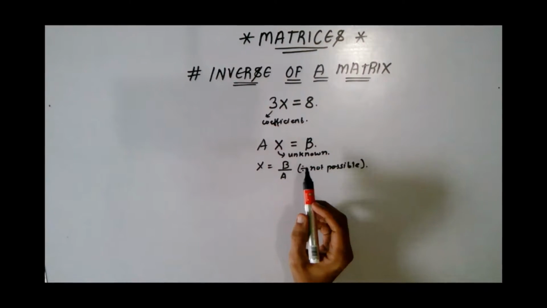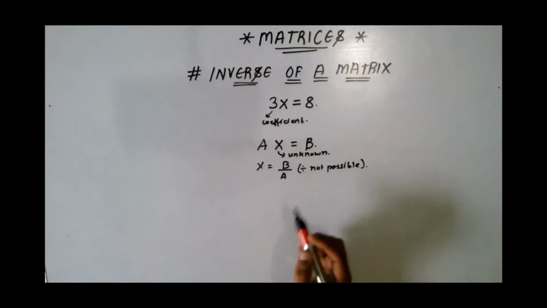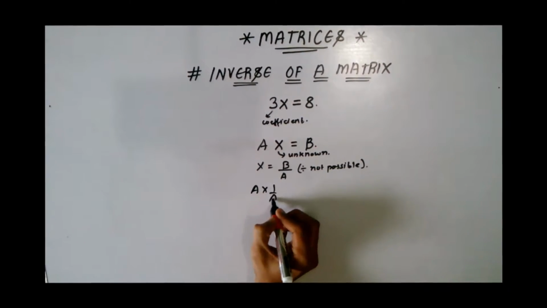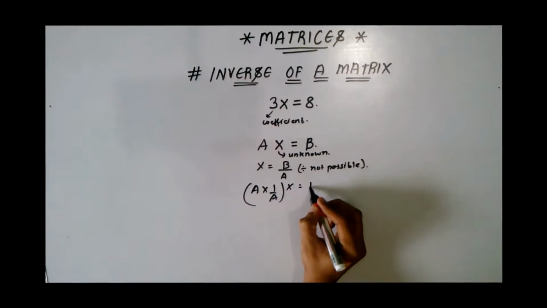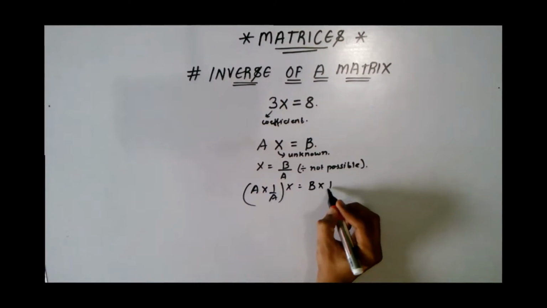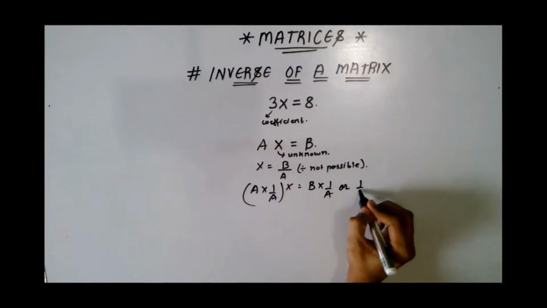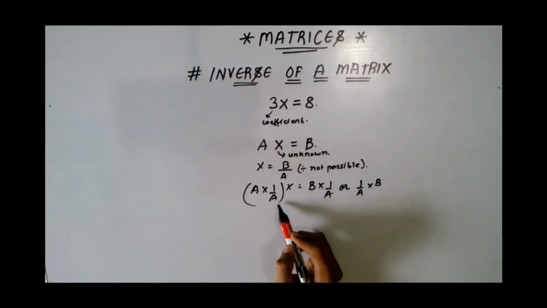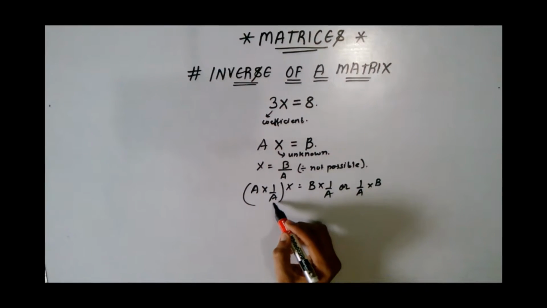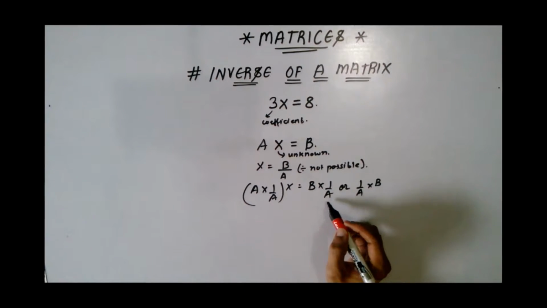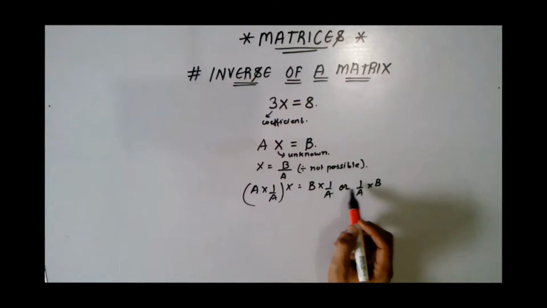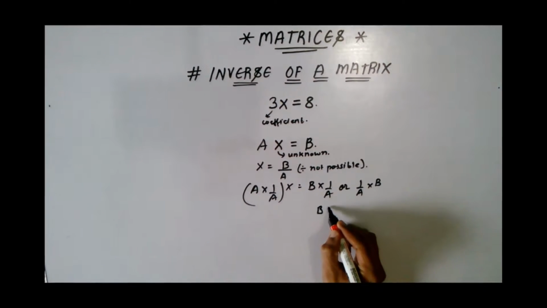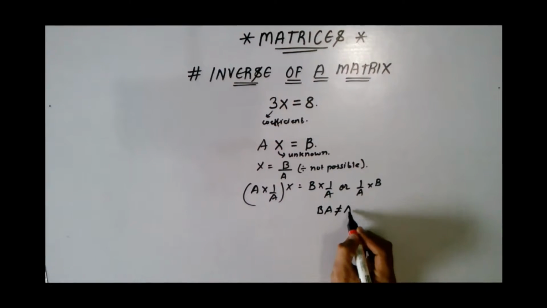So, can we apply this concept of reciprocal, like suppose A multiplied by 1 by A x is equal to B into 1 by A or 1 by A into B. If we use this concept of reciprocals, it is first of all not applicable, and even if it was applicable, then we wouldn't be sure whether to pre-multiply it or to post-multiply it, because in matrices, commutative property doesn't apply.